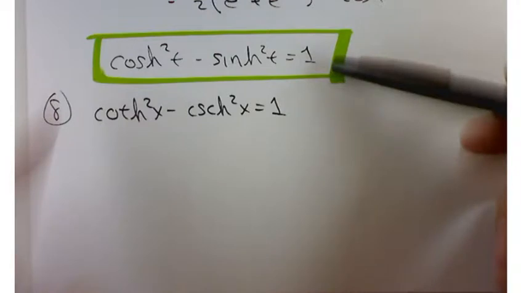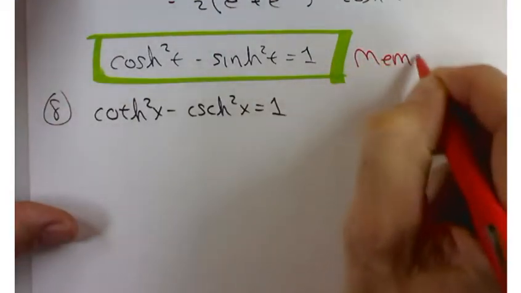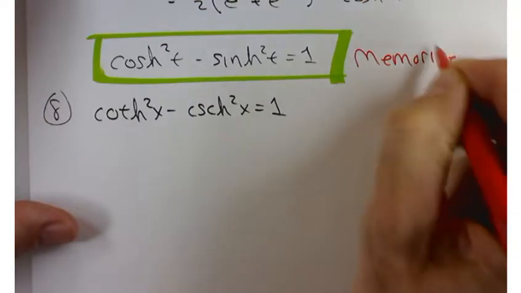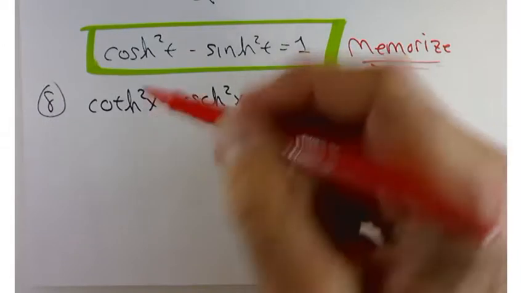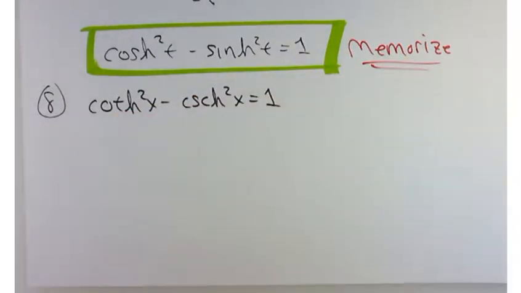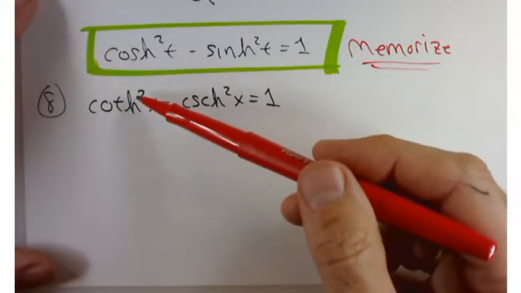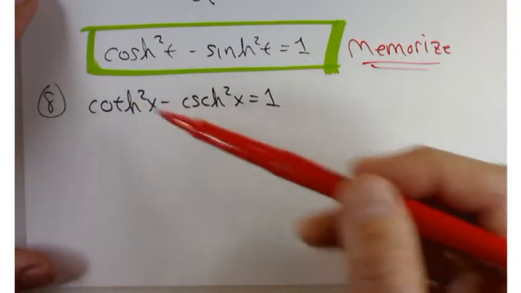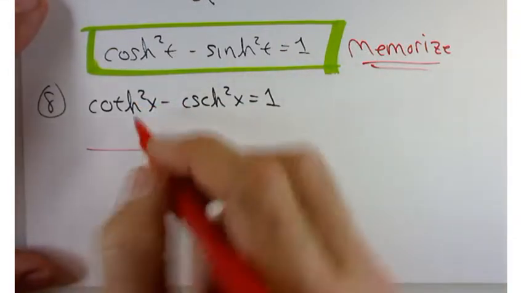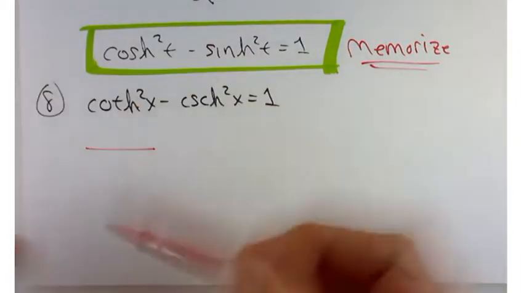Well, I guess what I'm going to rely on is the one that I have memorized. That's this one. Let's take a peek at the left-hand side of this. The left-hand side has things like cotangent squared and cosecant squared, or hyperbolic cotangent squared. Hyperbolic cotangent is really the ratio of two functions.